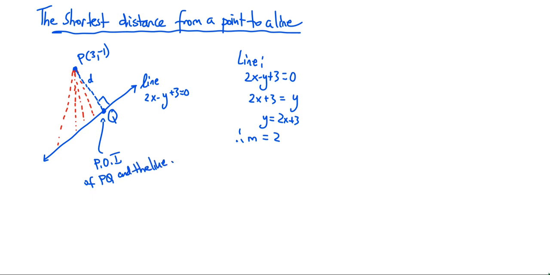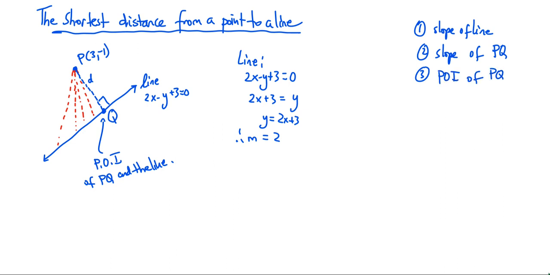So my first step is I needed to find the slope of the line, which will help me to find the slope of PQ because it's perpendicular. And once I have that, I'm going to find the POI, point of intersection, of PQ and the line. And that's going to give me point Q.